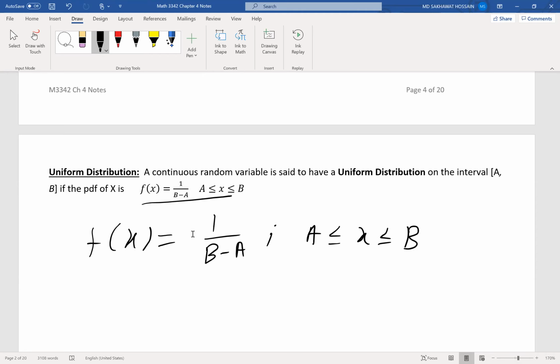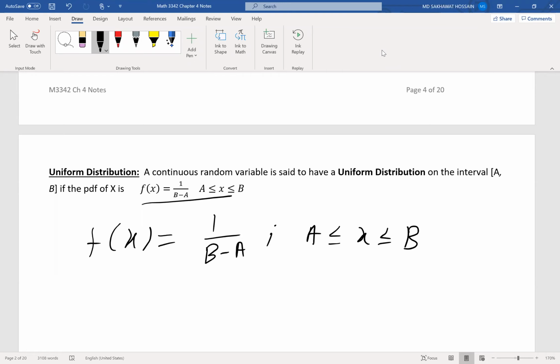So x is defined from a to b, and the density function is 1 over b minus a, the upper limit minus the lower limit. If you have any density function like this, it will be called a uniform distribution. Why is it uniform? Because the density is equal for each value of x for which the function is defined.